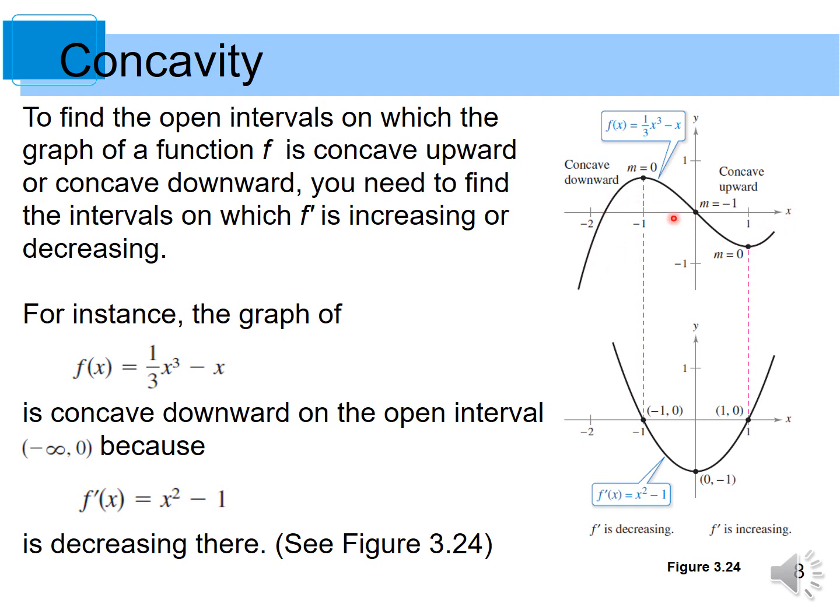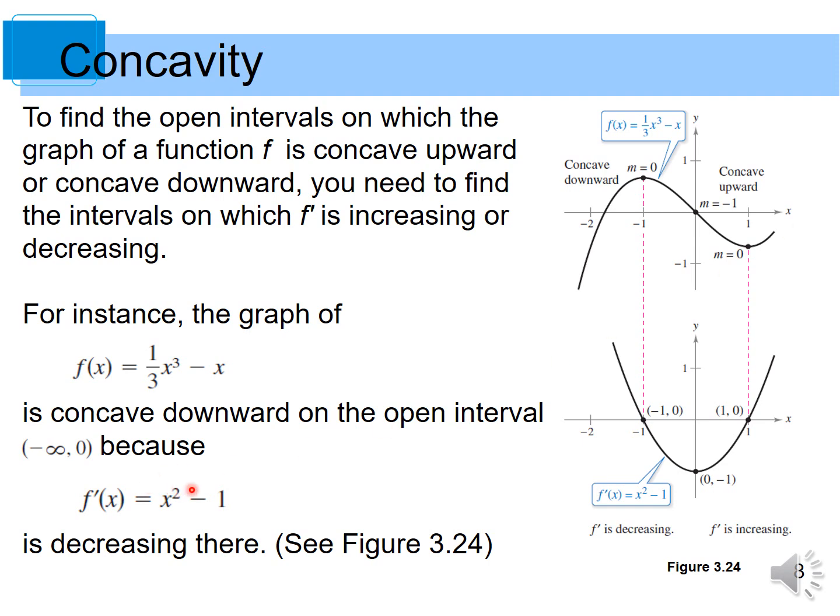The original graph is concave downward on the open interval from negative infinity to 0, and concave outward from 0 to infinity.